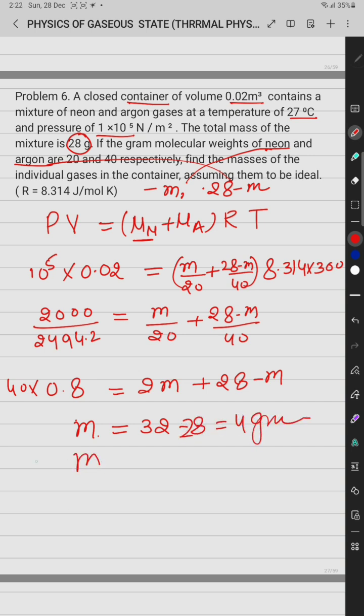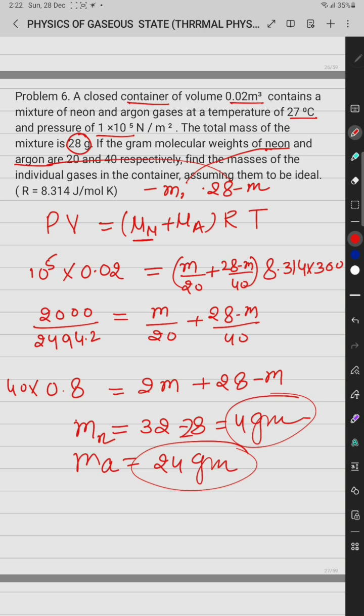And the mass of the argon, the total mass is 28, so 28 minus 4, it is 24 gram. These are the required answers. Mass of the neon is 4 gram and mass of the argon is 24 gram.